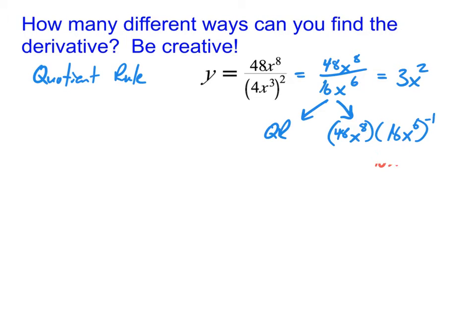We need to move the whole 16x up. So we could do it that way. We could also, instead of just doing quotient rule straight from this first one, have done the same kind of thing where we did it here, where we could turn this into 48x to the 8th times 4x cubed to the -2. We could also do that then.